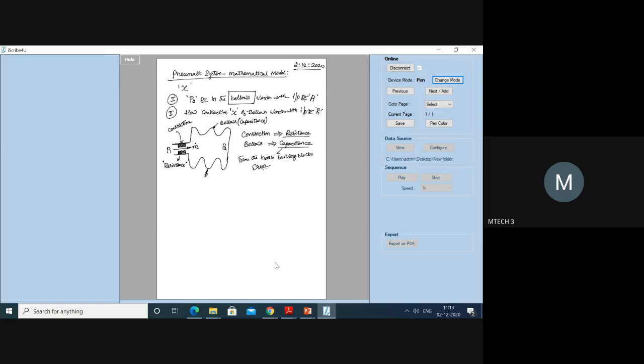Next, you write down the mass flow rate.